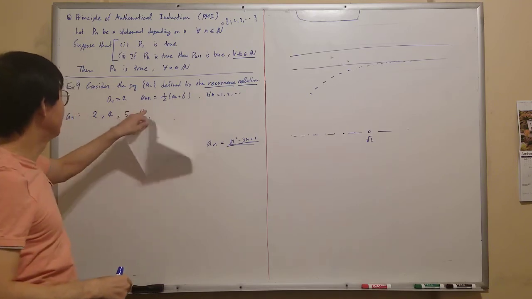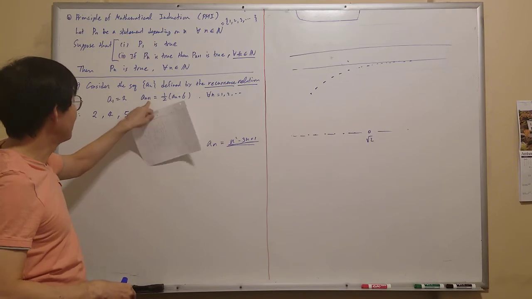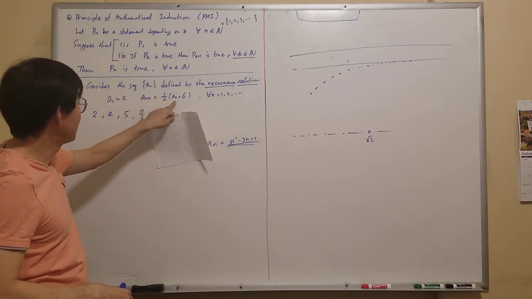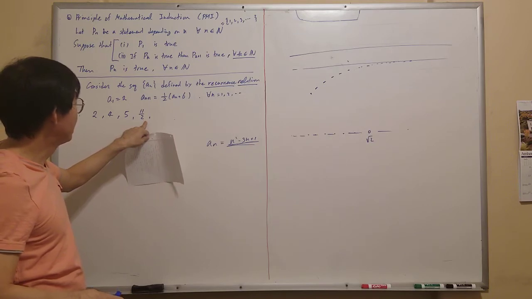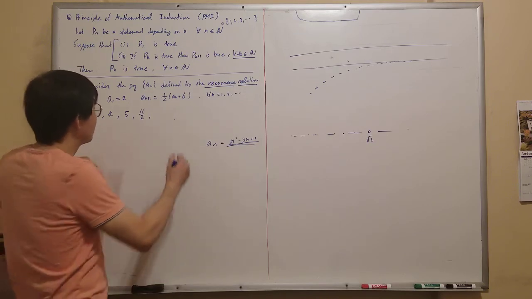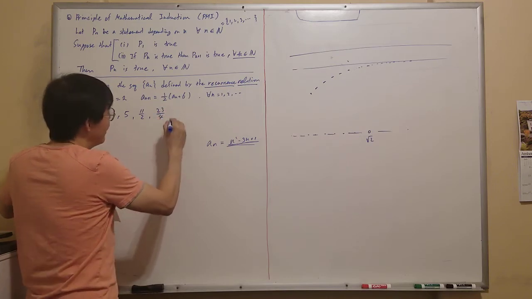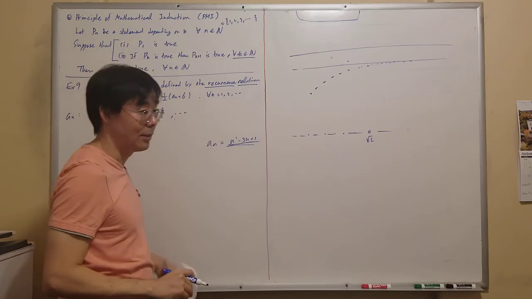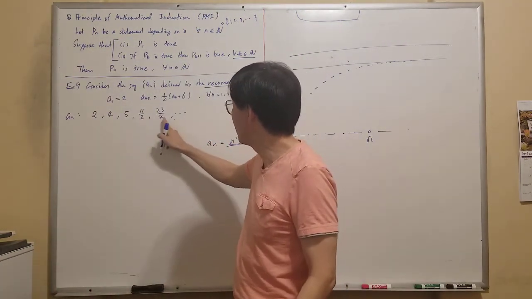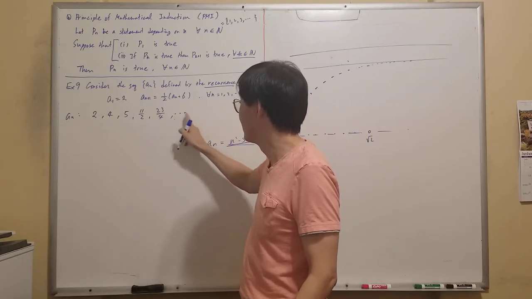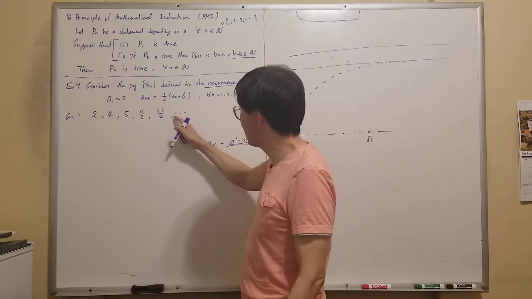Now, what about a_5? a_5 equals 1/2 a_4 plus 6, 23 over 4, right? So you can generate this. This is 5.5, this is 5.75. Seems to be increasing, but not crazily increasing.